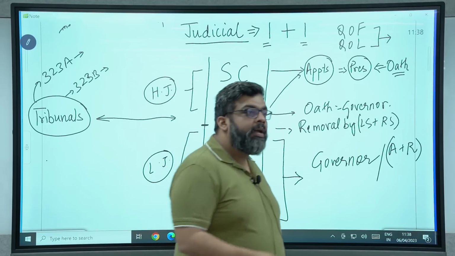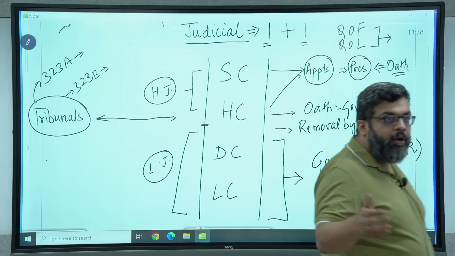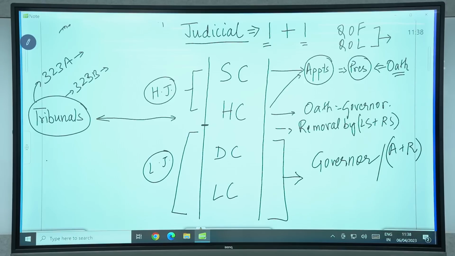For example, tomorrow when your batch is to be impaneled for promotion and it is not done so, and you think there is a problem with the appointment that has been made to some post, you can challenge it in your central administrative tribunal or state, depending on what the case might be.